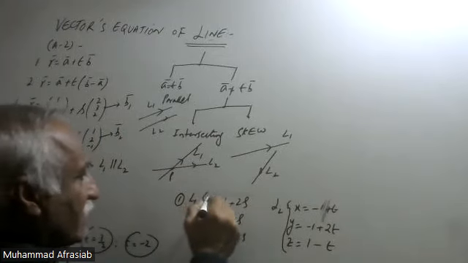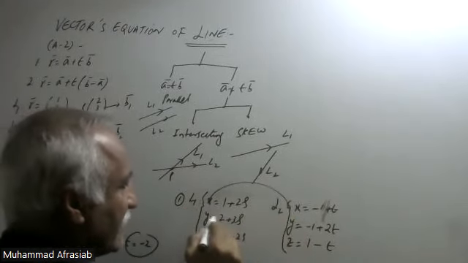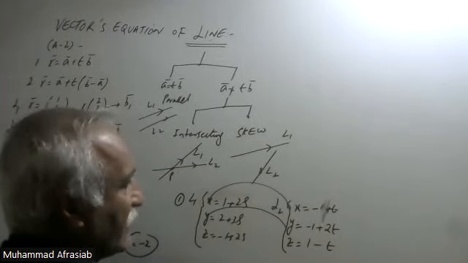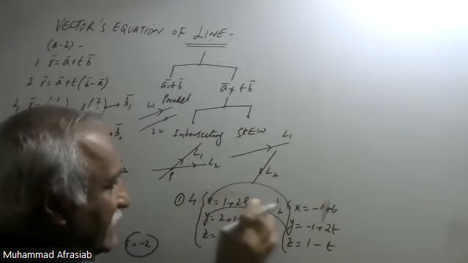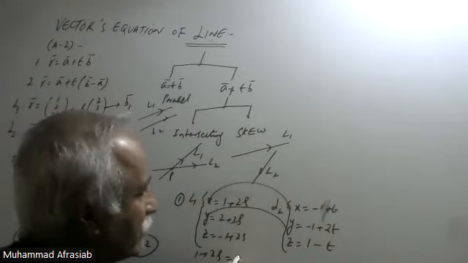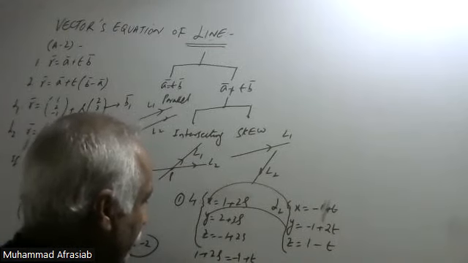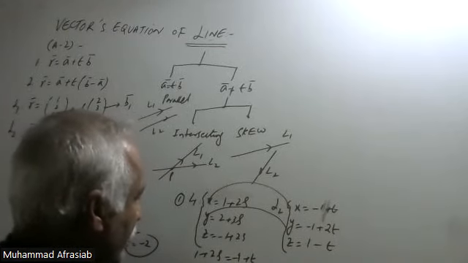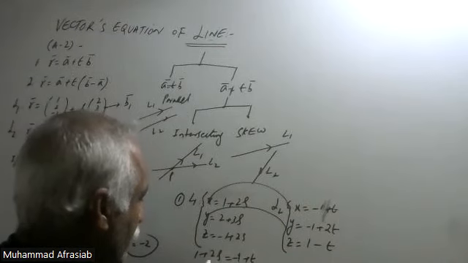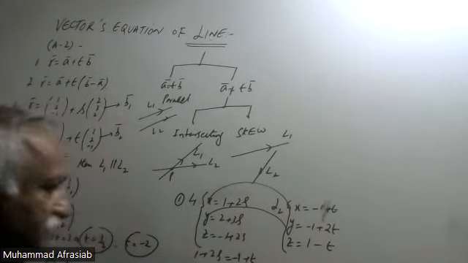Now you will equate two of these three. Let's say we equate x and x, and we equate y and y. If we equate x and x, then 1 plus 2s is equal to -1 plus t, or t minus 2s is equal to 2. Let's say that is equation number 1.